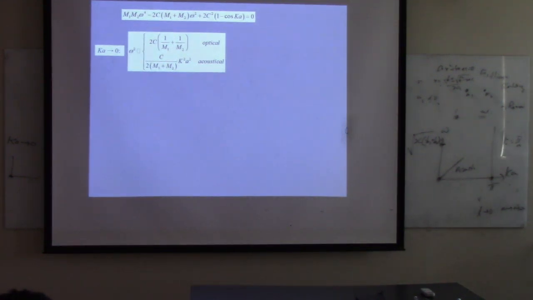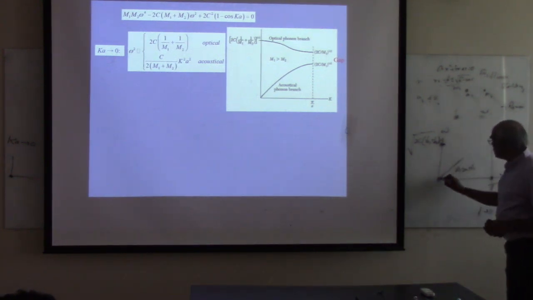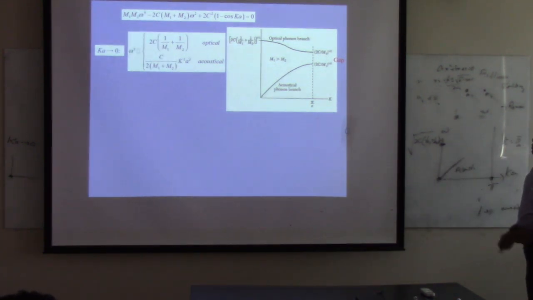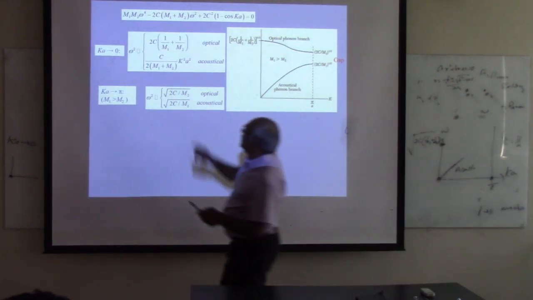So if you do that one, you get this value. This one we know, but if you calculate for when Ka goes to pi, these are the two numbers you get.